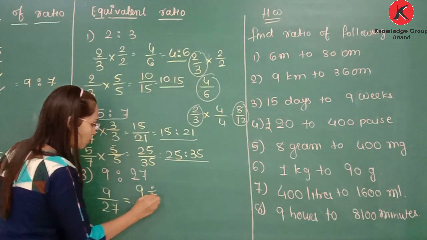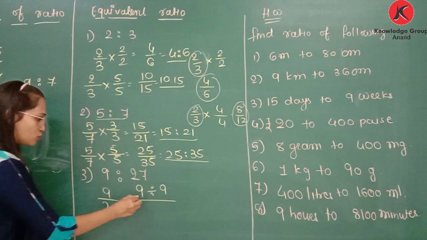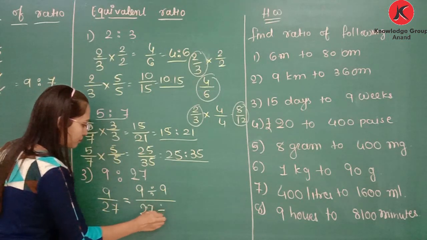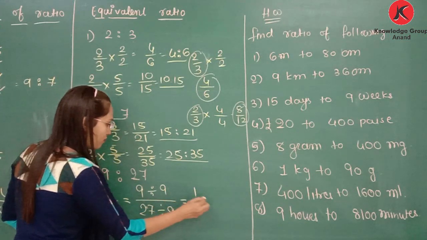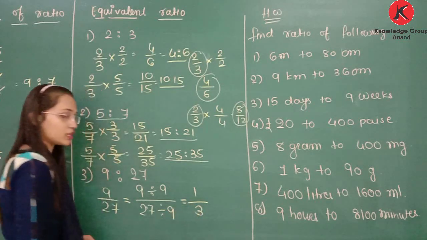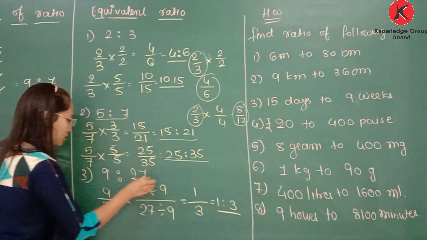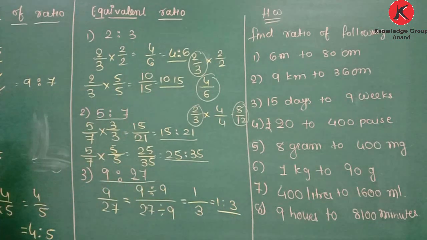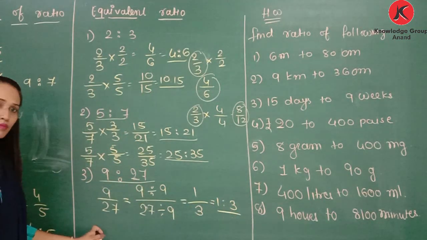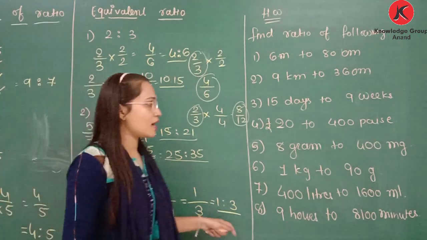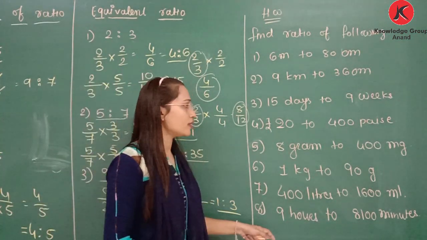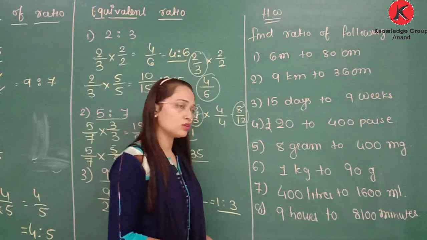So we can find the equivalent ratio by dividing both numbers by 9. Here we will get 1 in the numerator and 3 in the denominator. So 1 is to 3 will be the equivalent ratio of 9 is to 27. You can multiply also with some number. Some examples you need to perform in homework, and find the ratio of the given two quantities.